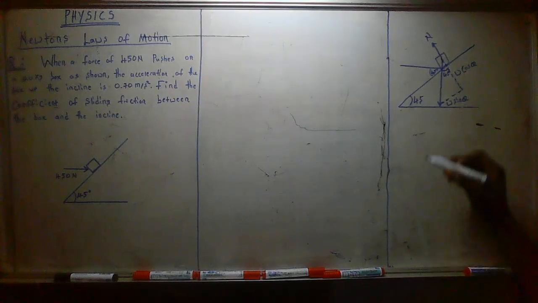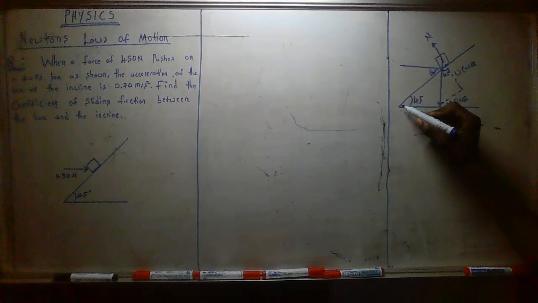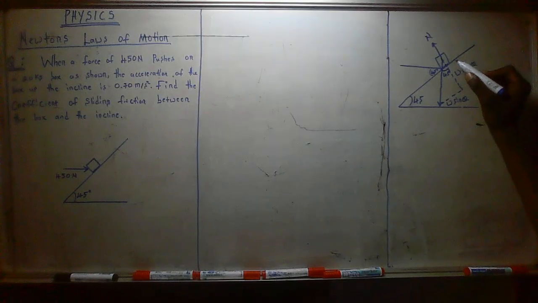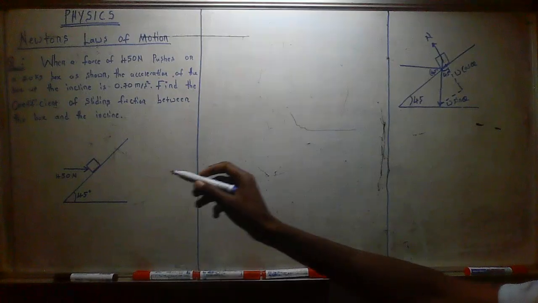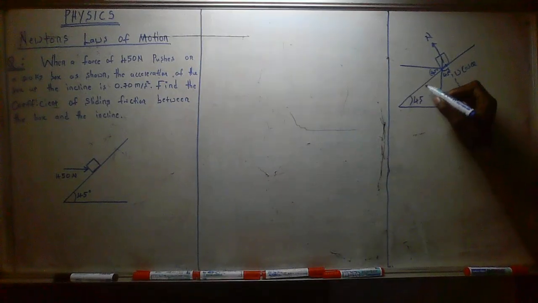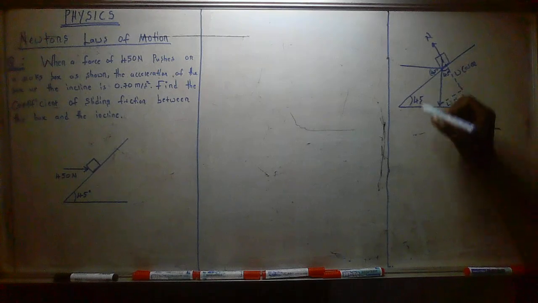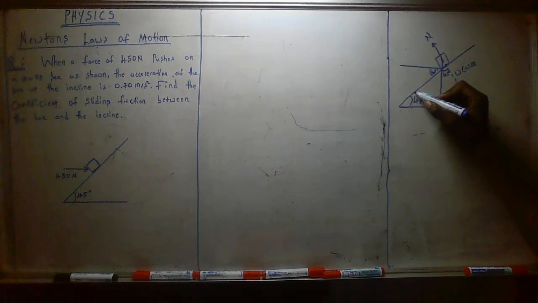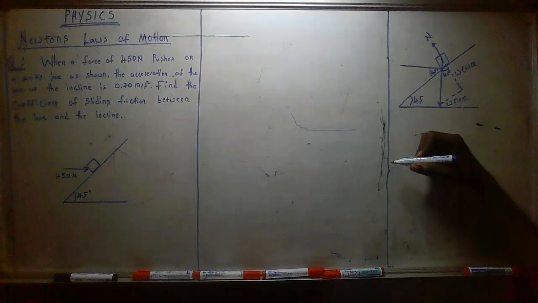We know that the force which will cause this box to move along this incline will not be the entire force, but rather the component of this force which is parallel to this incline.